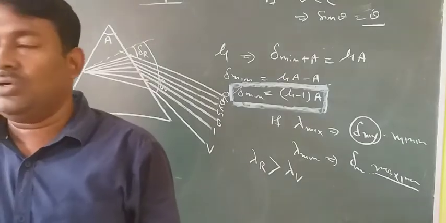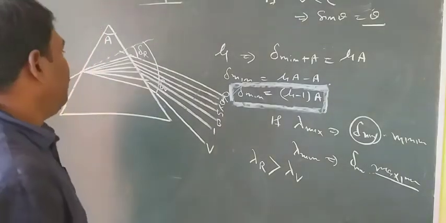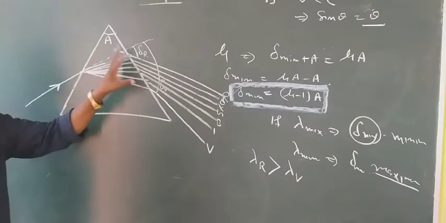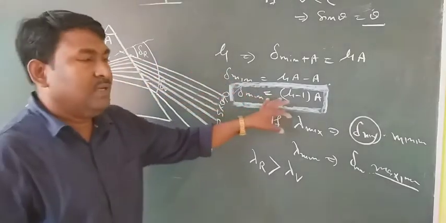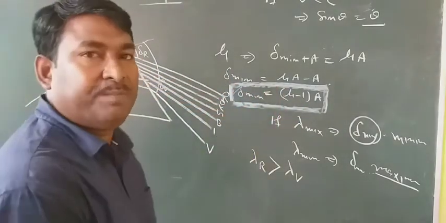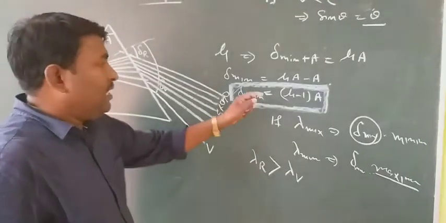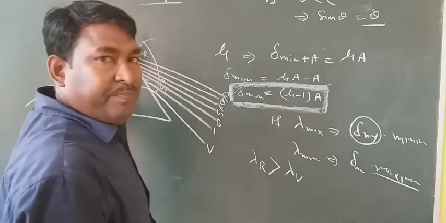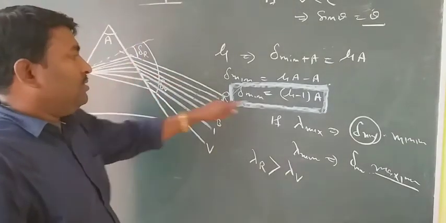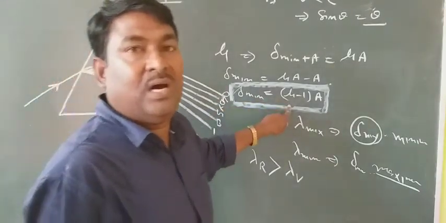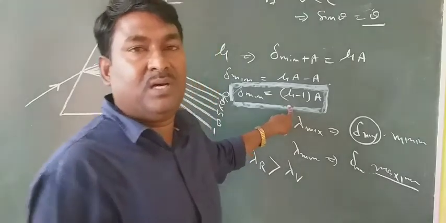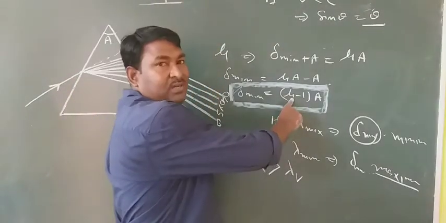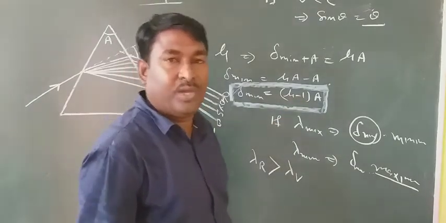So the conclusion is that when a light ray passes through the prism, it suffers some deviation, and this deviation depends upon the angle of incidence at the first surface, that is i, the prism angle, and different colors or different wavelength of the light ray. In other words, the refractive index of the prism.